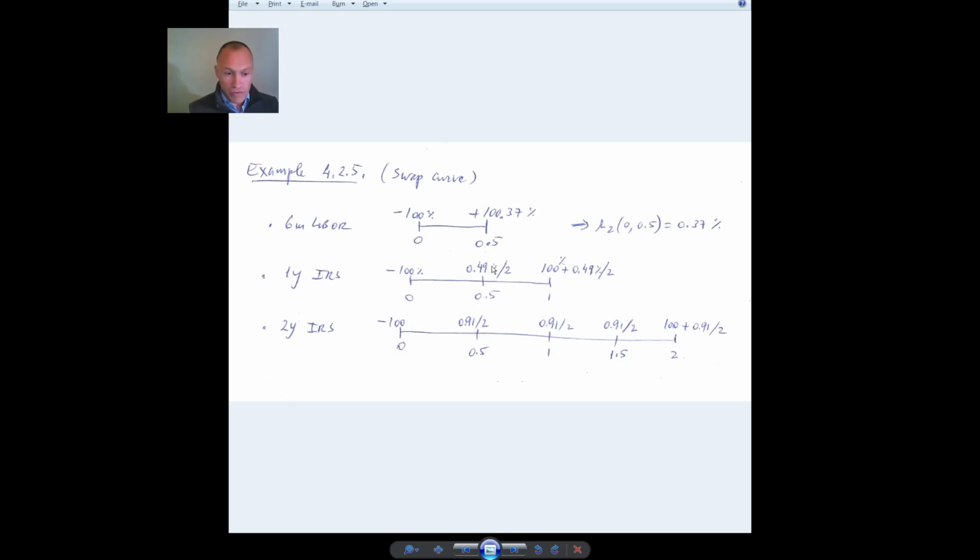Therefore, the value of the fixed leg has to be 100%. So again, I can look at the swap quote as the coupon on a bond that is trading at 100%, at par, right? So these are the cash flows, and that is the price. And then similarly for the 2-year swap, which is quoted at 0.91%. So these are the cash flows, and again the price is 100%, right?